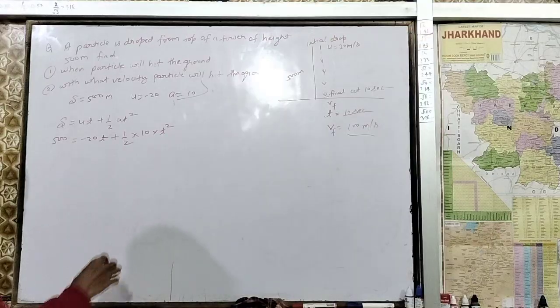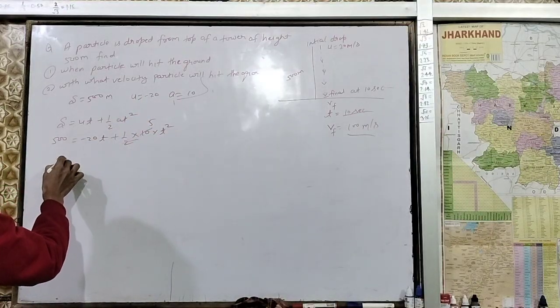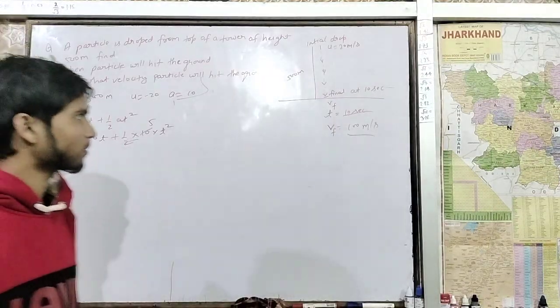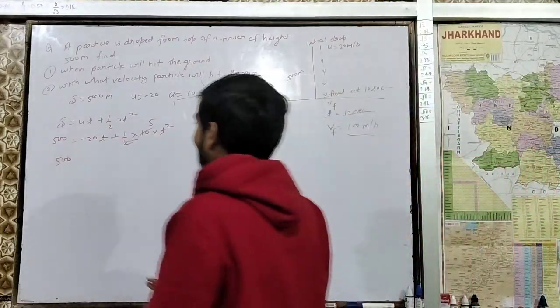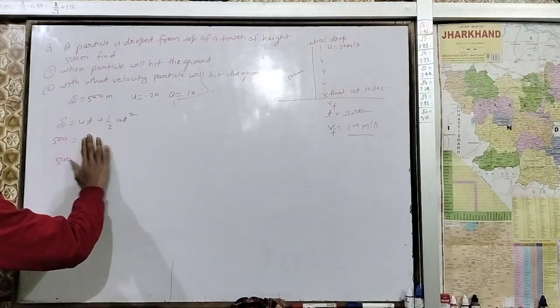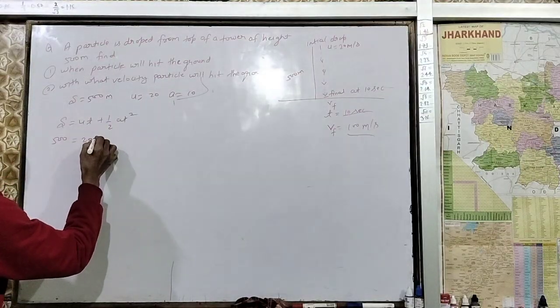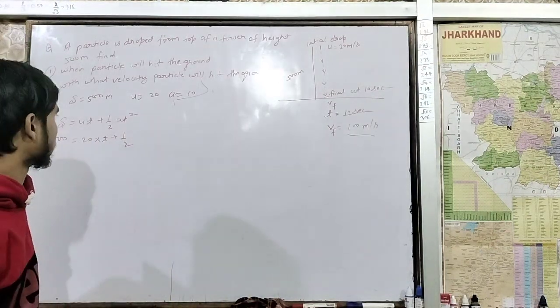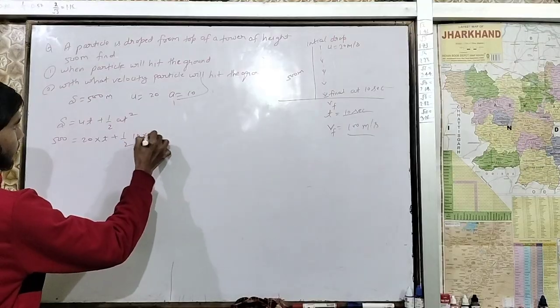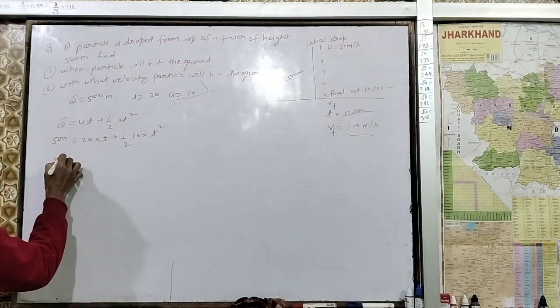No problem. One thing I want to tell you. In the second question, u is 20 only, with the sign handled. I'm solving the second question: 20 multiplied by t plus 1 by 2, a is 10, multiplied by t raised to power 2. Hold on. 500.